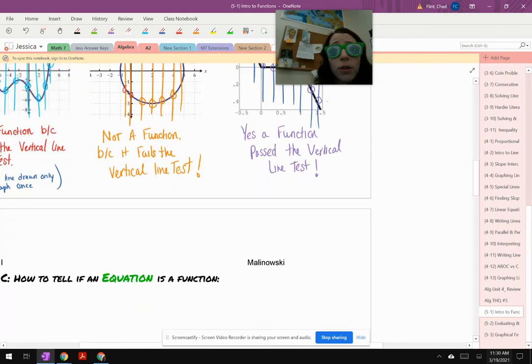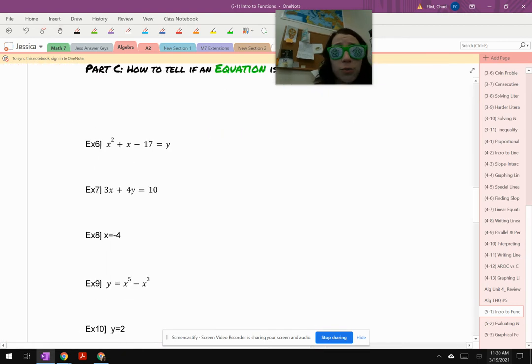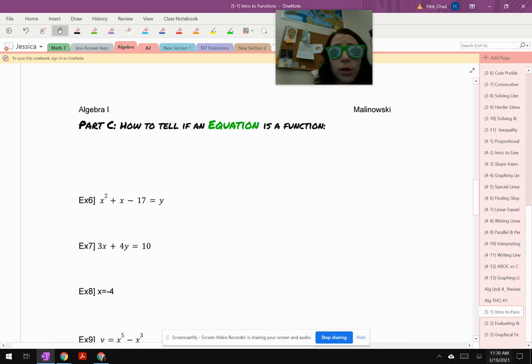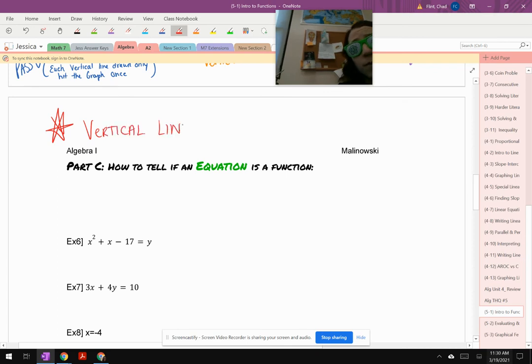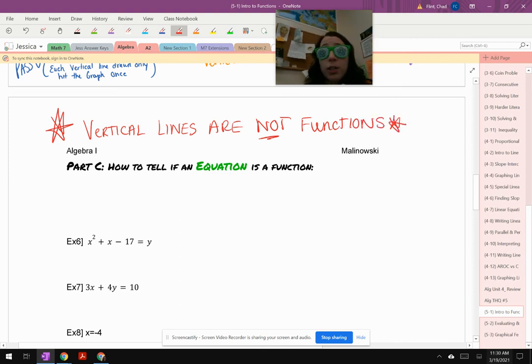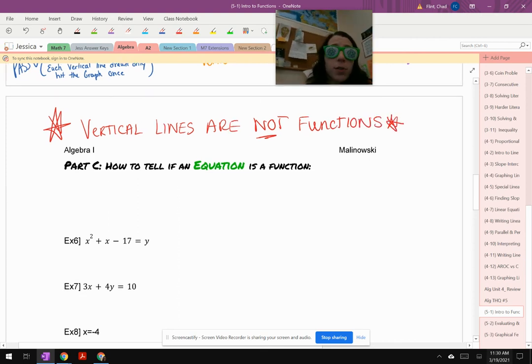So, moral of the story here, ladies and gents, and we are going to put that at the top of this page right here. Vertical lines are not functions. They fail the VLT. They intersect with each other an infinite number of times.